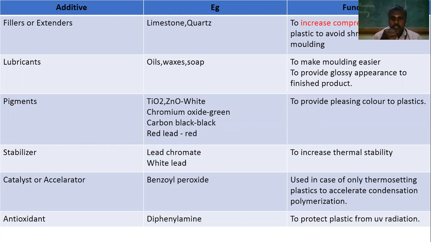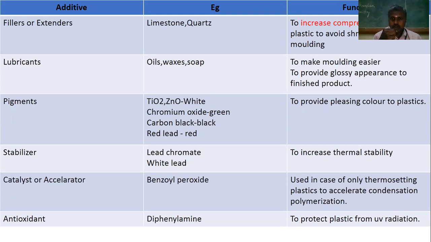So lubricants, next one. What are the functions of lubricants? To make molding easier, and to provide a glassy appearance to the finished product, to get an aesthetic look. So what are the examples? Oil, wax and soaps are the examples for lubricants.